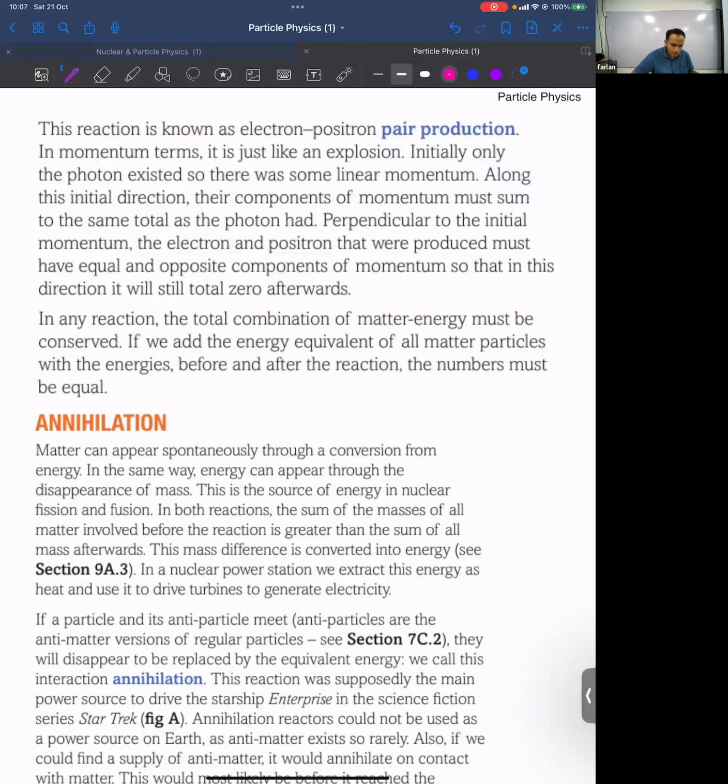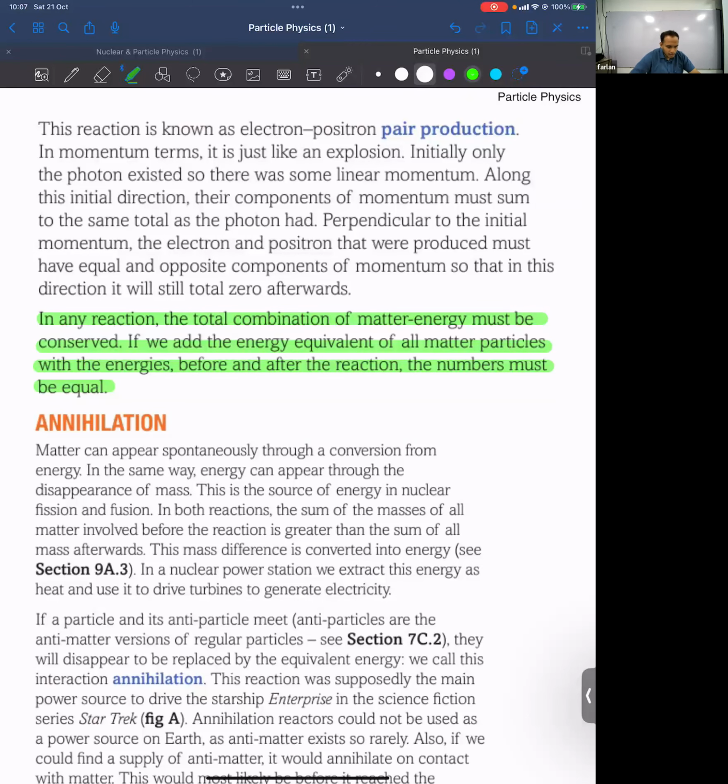In any reaction, the total combination of matter and energy must be conserved.